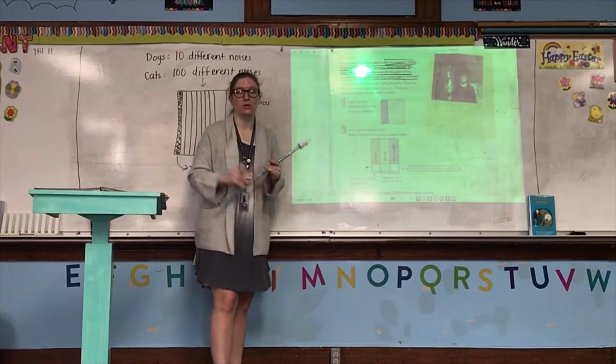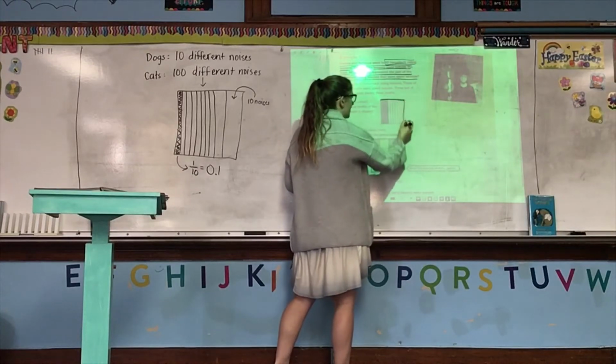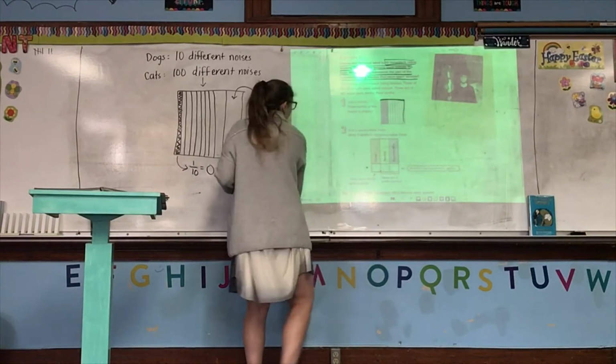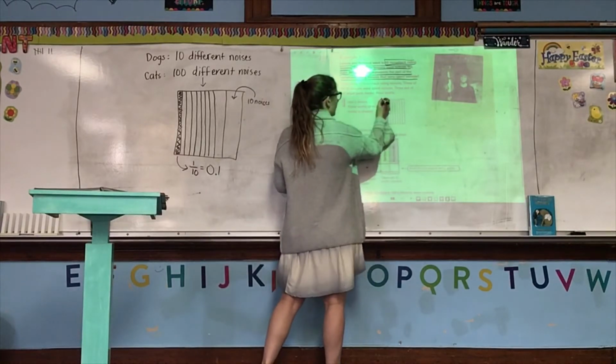So what we would do is first we would draw a model, and I want you to use your pencil to go right over top of this model in the book, but do a better job than I am because I'm going too fast. Whoops, let me try again. Okay, so we're going to draw our grid.